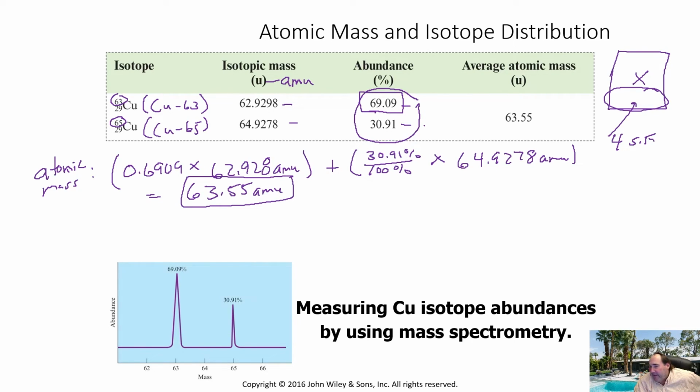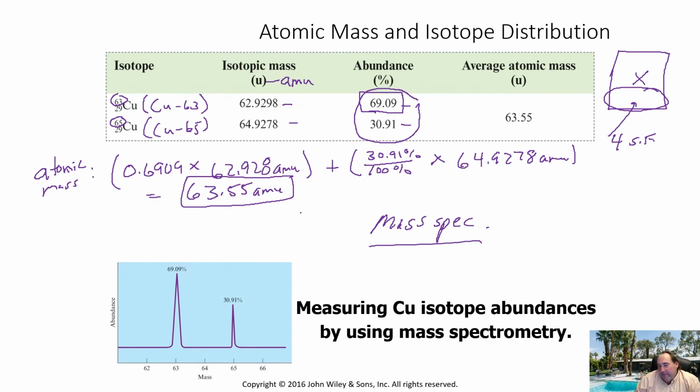So how do they figure out the different percentages of the isotopes and the masses? They use something known as mass spec, or mass spectrometry, mass spec for short. It basically runs the sample, after it heats it up, through an electrical field and a magnetic field.